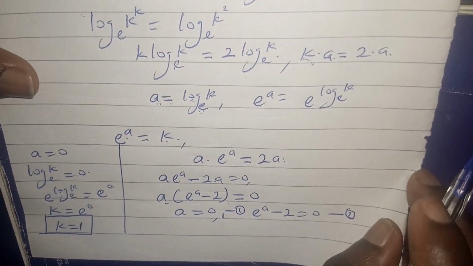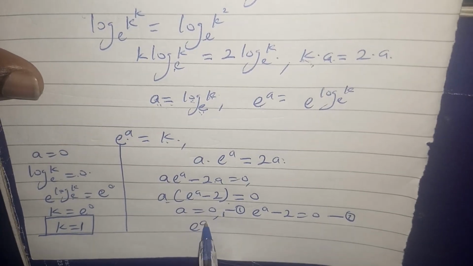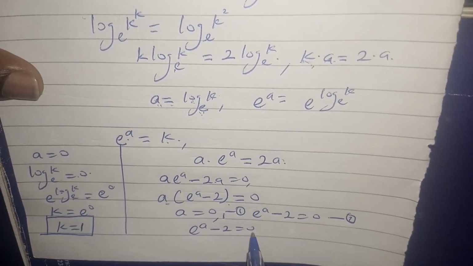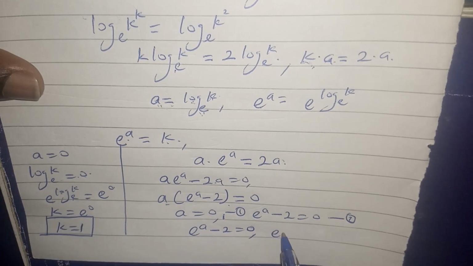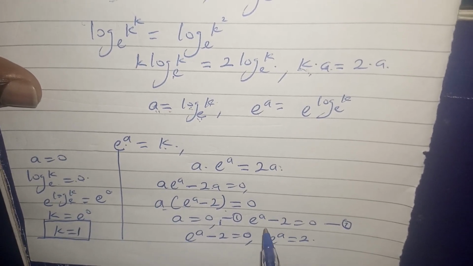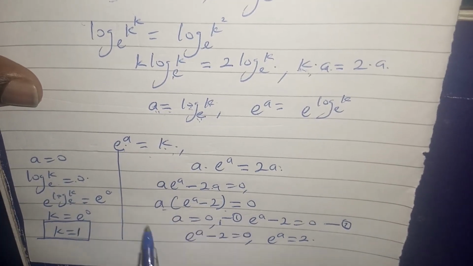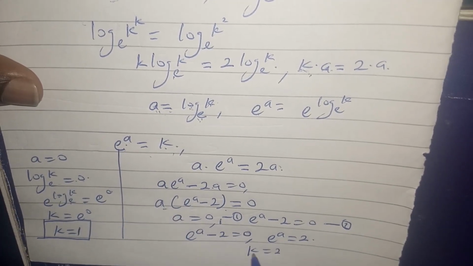Coming to the second value for k, exponent of a minus 2 equals 0. We can have this as exponent of a equals 2, and recall we said exponent of a equals k, therefore k equals 2.